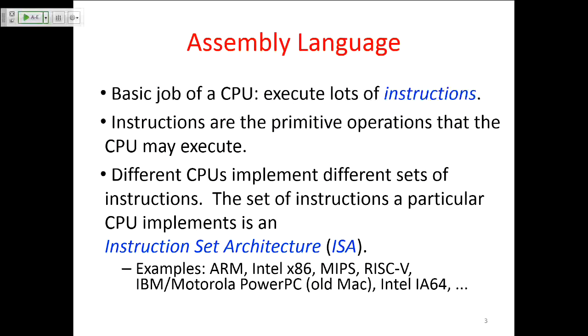Now, the basic job of a CPU is obviously to execute lots of instructions. And there's a bit of a trade-off here in what we want to call an instruction. Obviously, at the high level we would like the CPU to do some tasks for us, like go fetch water, or do some larger chunk of computation so that we don't have to be bogged down with little details. But that's a very complex thing for a CPU to do.